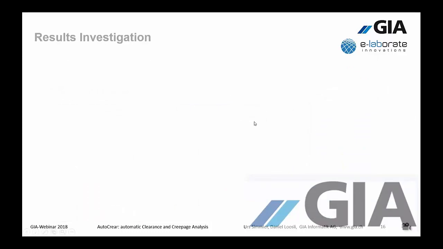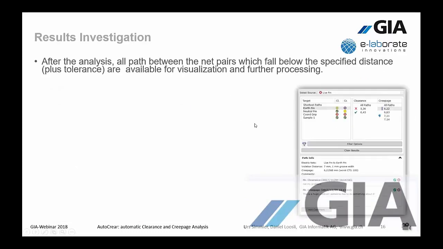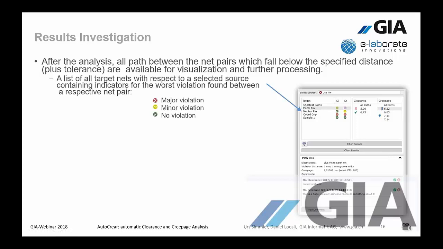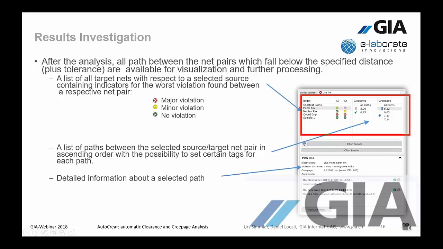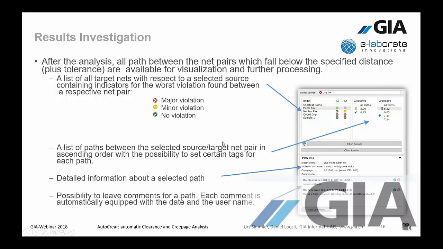Okay, when you have analyzed your components, then you have to do some post-processing result investigations, and these can be easily done with the help of this matrix over here. You see all the combinations, and you see the violation paths here, and the violation paths can be documented.